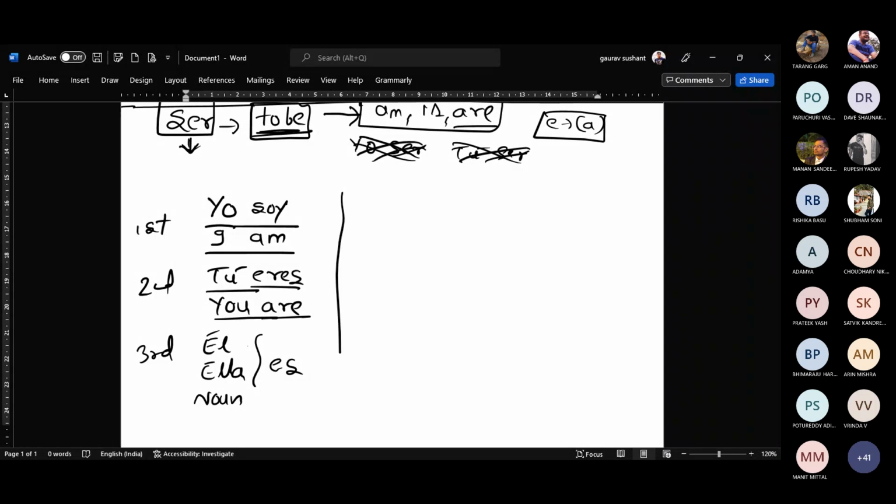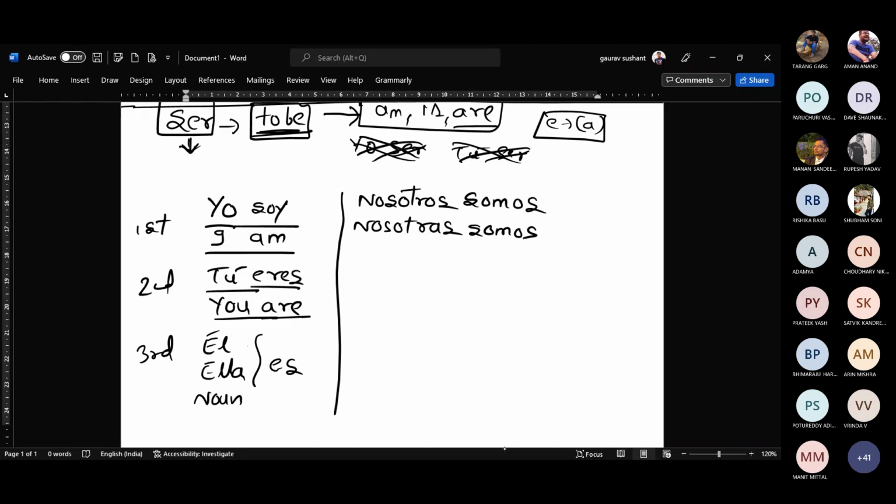Now let us come to the other ones. You have the first person plural subjects, nosotros or nosotras. With both of them, the form is going to be the same, which is somos. Nosotros somos or nosotras somos.